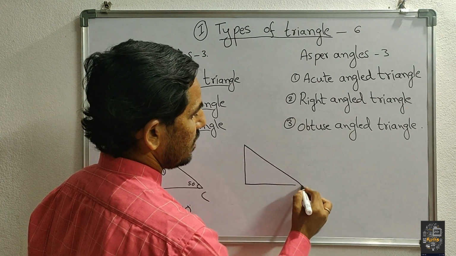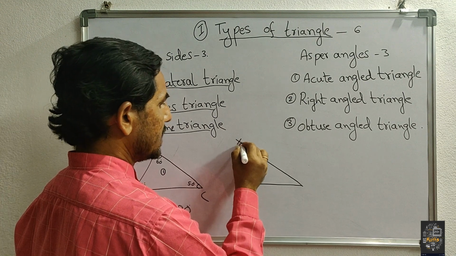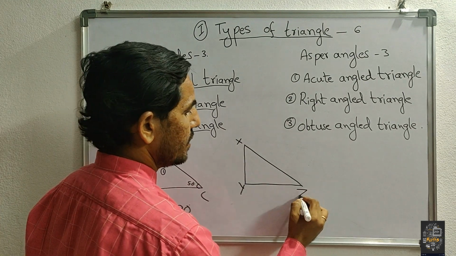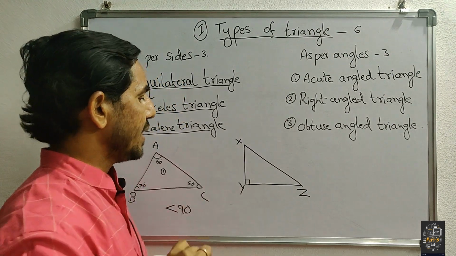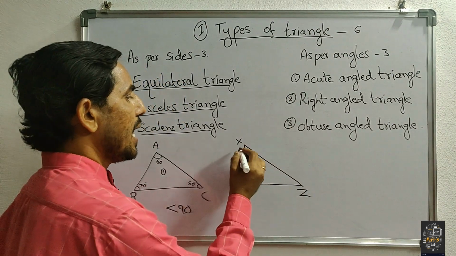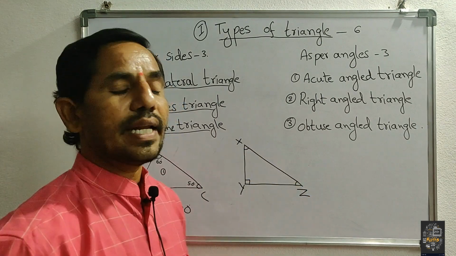Here this is the diagram. X, Y, Z. So here angle Y is exactly 90 degrees, and angle X and angle Z are less than 90 degrees.